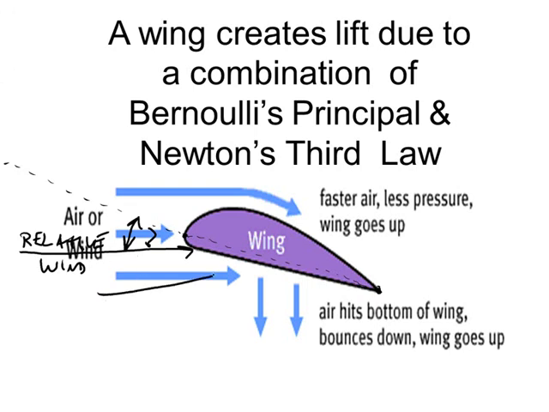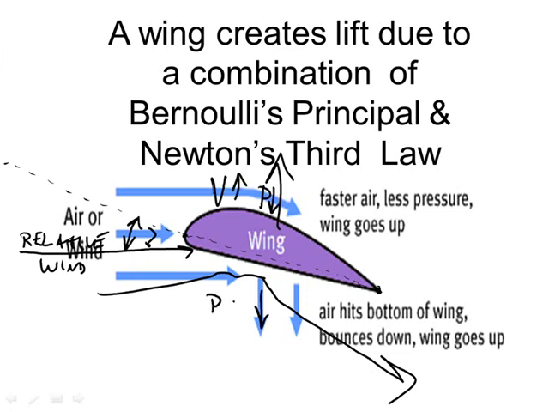So the wind hits the wing, and it really gets deflected down like this. But if this relative air goes down in any way, then the wing is going to go up in some direction. And of course, if we have faster air across the top, a high velocity, then we're going to have a lower pressure, but the pressure down here stays the same.